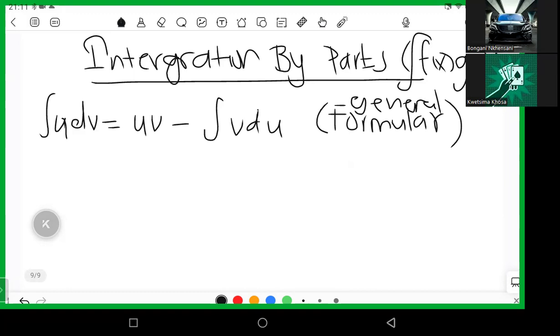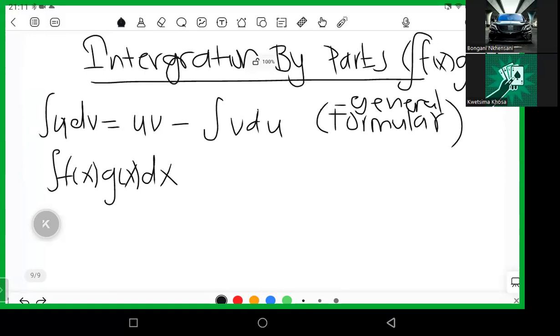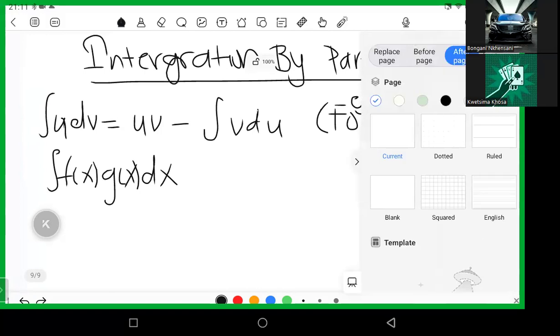So what I'm saying is if we're having two functions which are multiplying each other, we're going to use integration by parts. We're going to have to apply this formula. So now let's say you are given the following example.